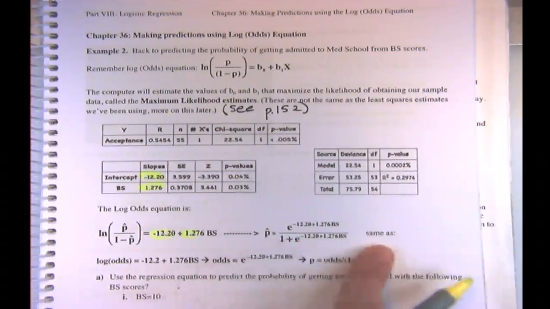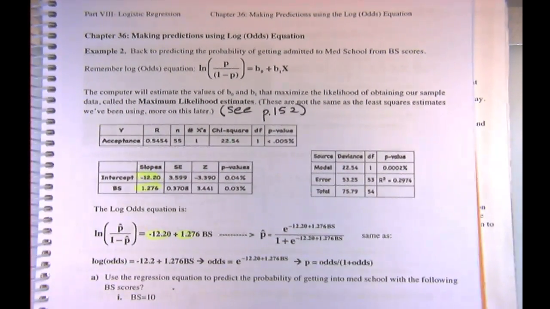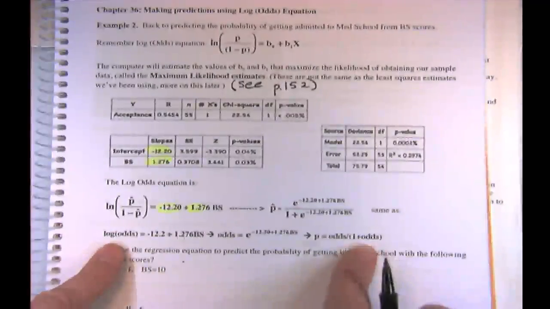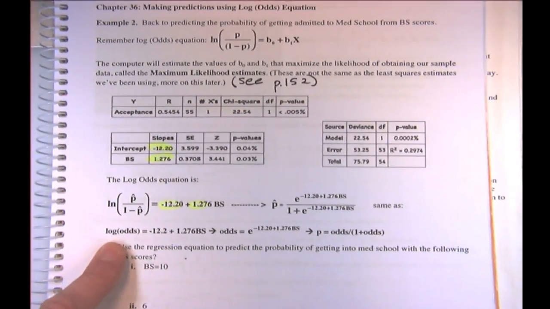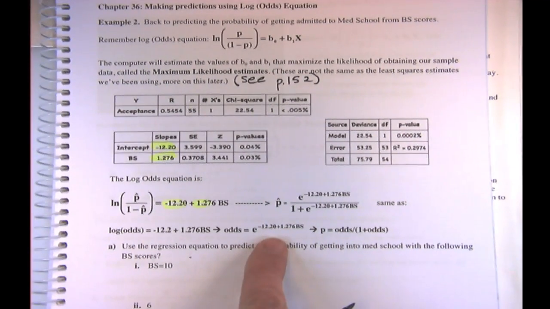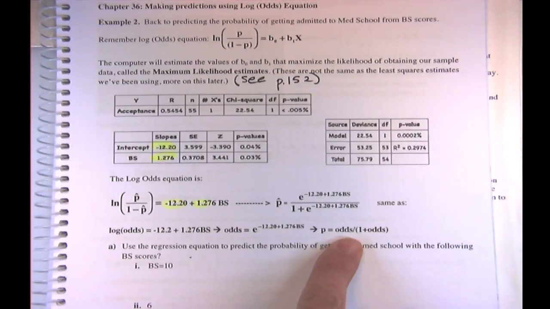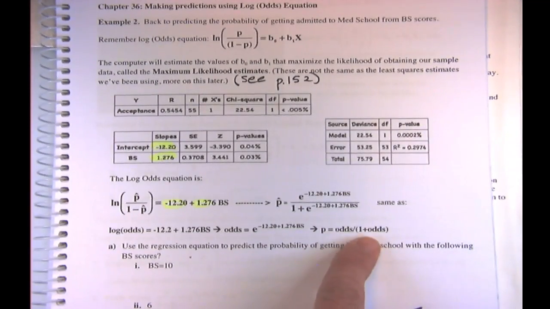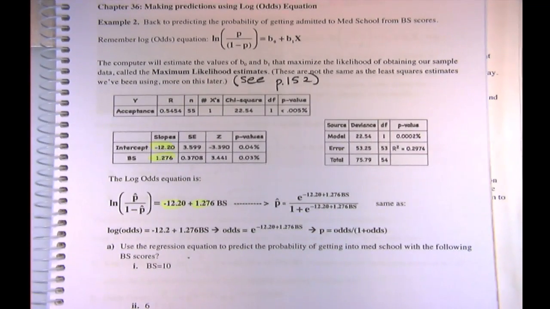But how do we get to the probability? Okay, so I explain it here, but let's just see how we work it out, okay? It's just the usual. We're going to anti-log it. And then once we get the odds, we're going to use odds over 1 plus odds to get our probability. So let's go ahead and do that and make sure it makes sensible estimates.